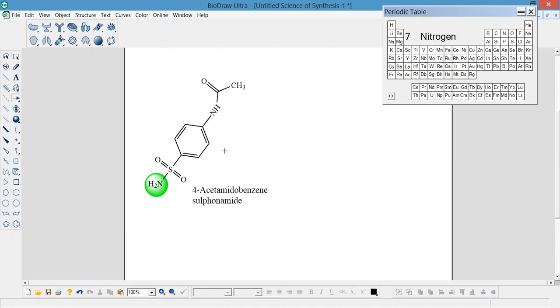Now put down a single headed arrow representing the forward direction of the reaction. Now add a text, that is acid hydrolysis, H3O+, hydronium ion.